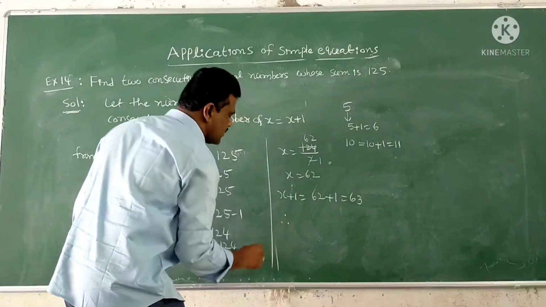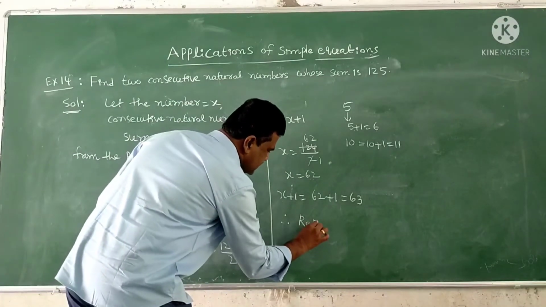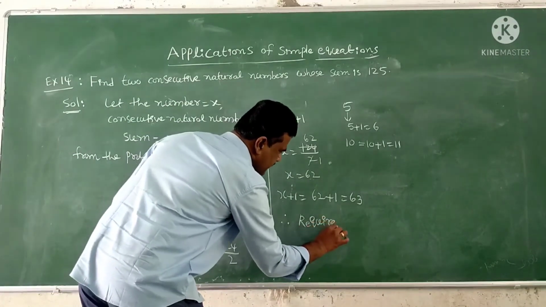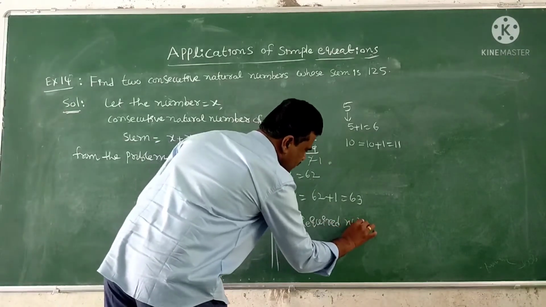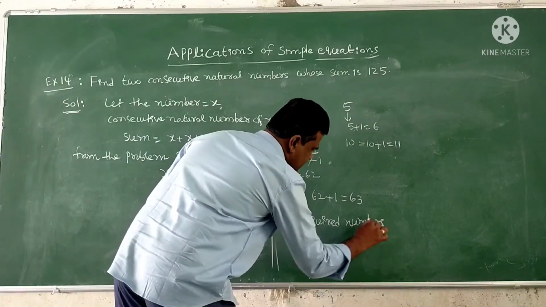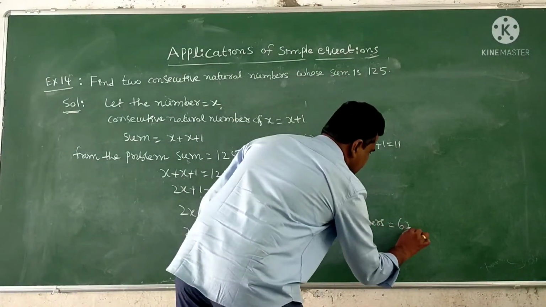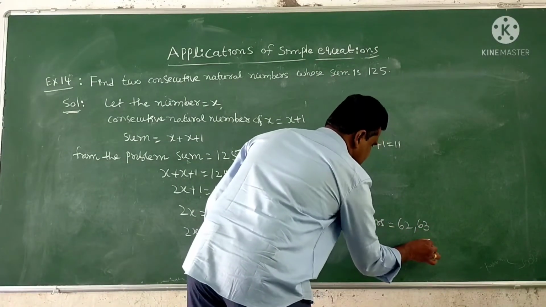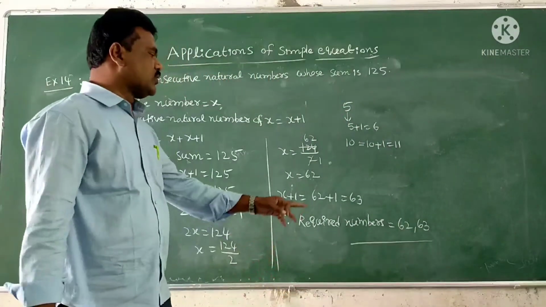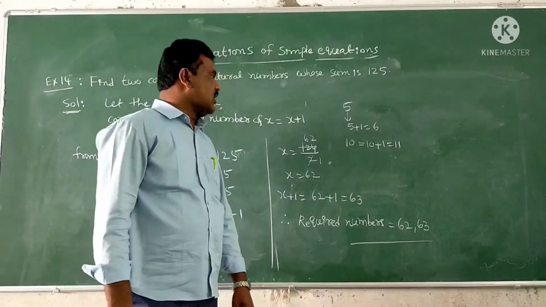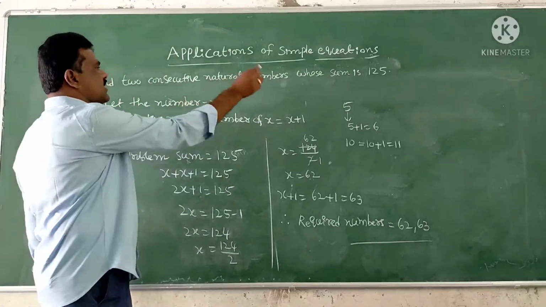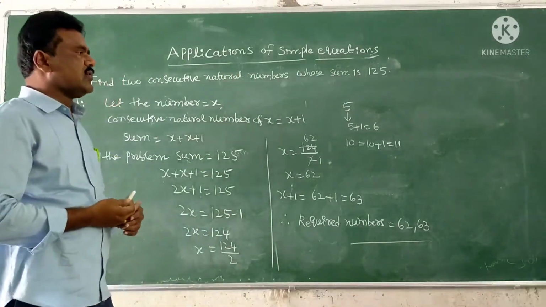Therefore, required numbers are 62, 63. These 62 and 63 are consecutive natural numbers whose sum is 125.